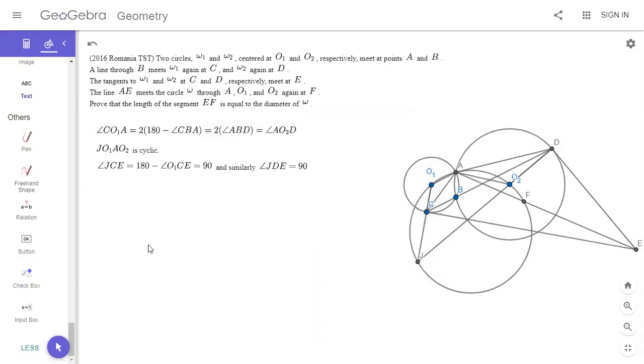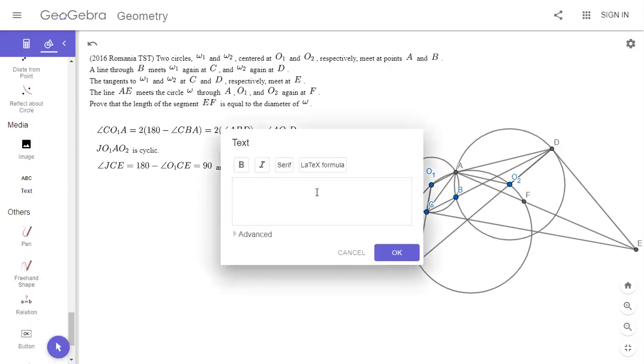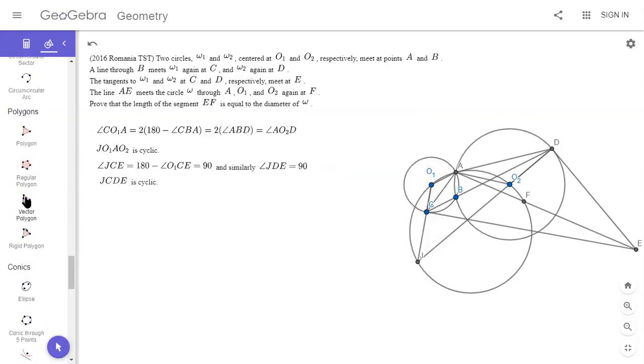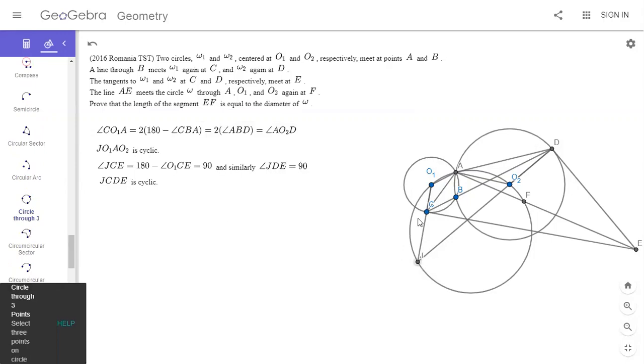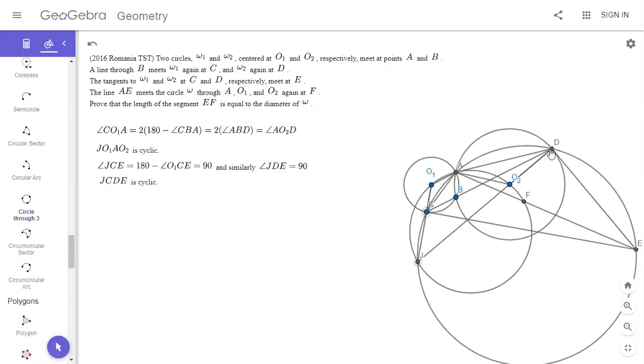All right, so JCDE is cyclic. But we have to show it passes through A also.